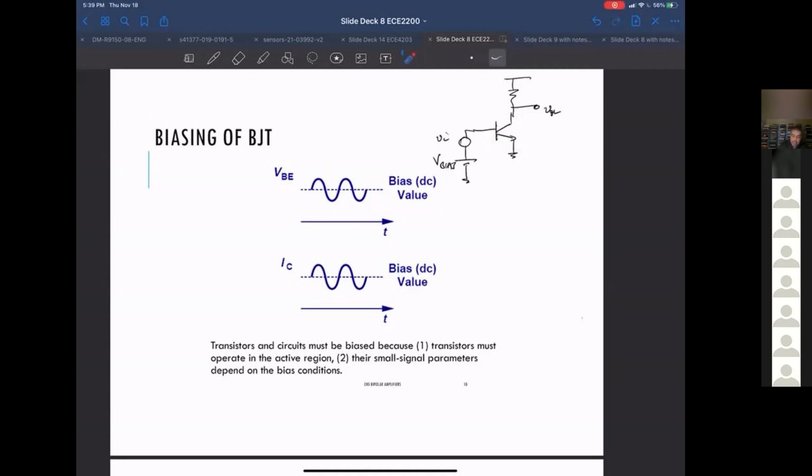You want the DC value of VBE to be around 800 millivolts, well, anywhere between 650 and 900 millivolts, depending on how much collector current you want. This means your collector current will be sitting at some bias point, with some DC value and variations around it.